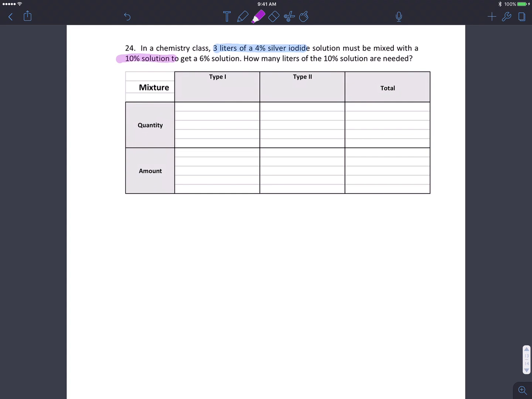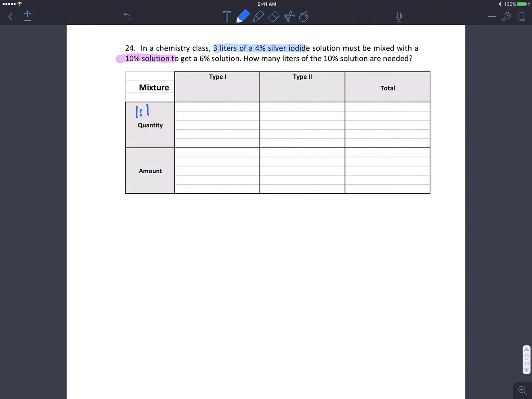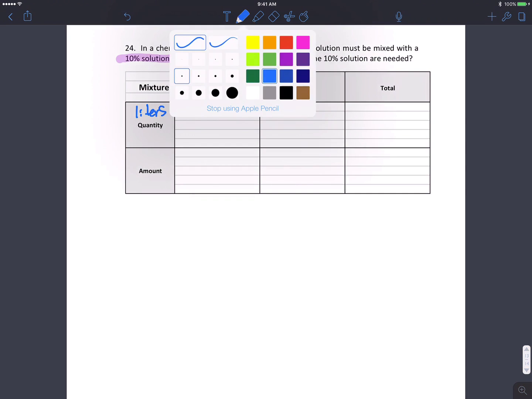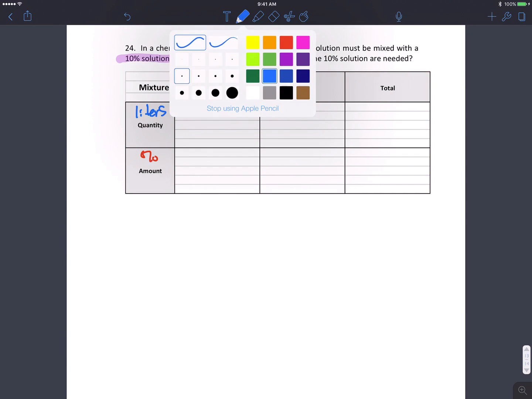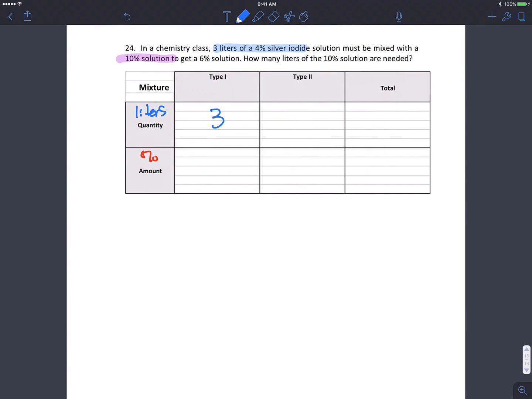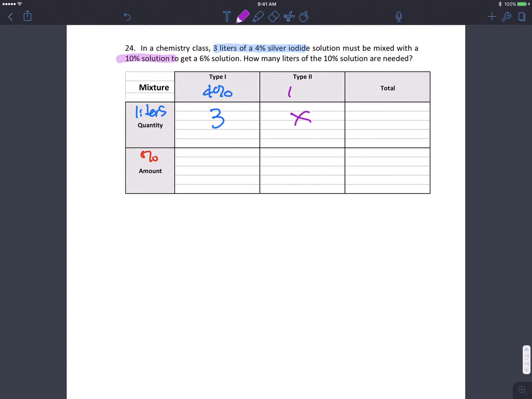So again, quantity here is in liters, and this amount is in percent. So 3 liters is my quantity for the 4% solution. It must be mixed with a silent amount, call it x, of 10% solution, x liters.